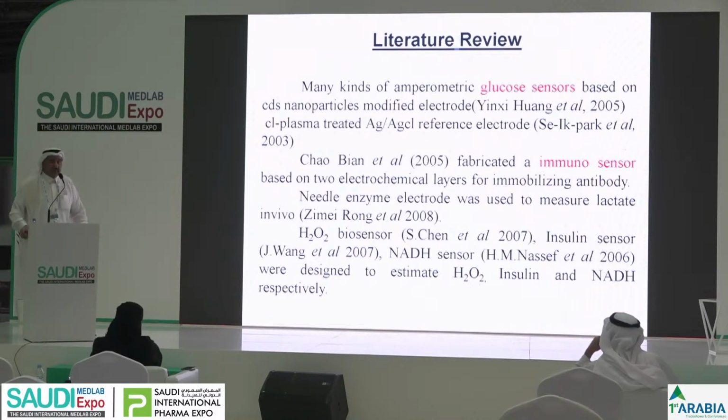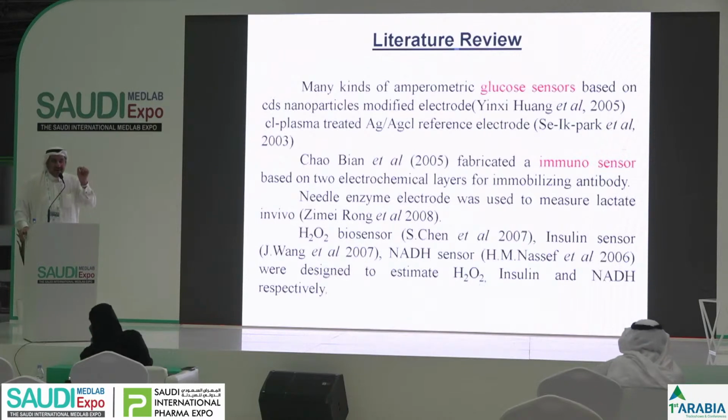For the glucose sensors, we use the same technique, electrochemical pulsing. We count it. It means we put the drop of blood into a chip. We will produce a chemical reaction.